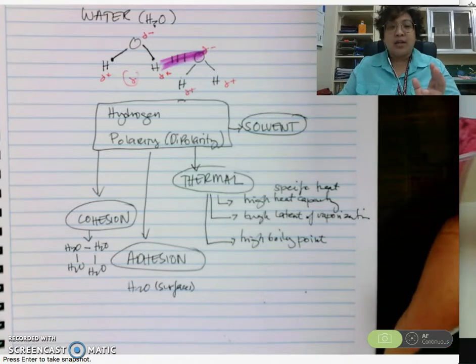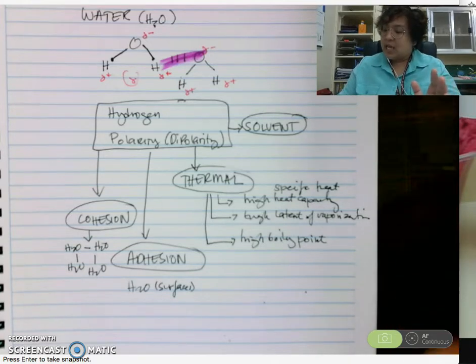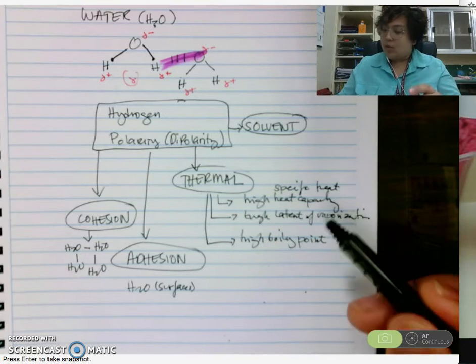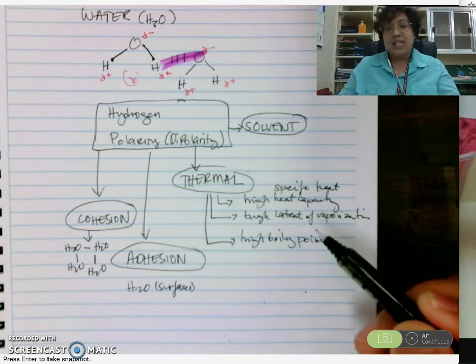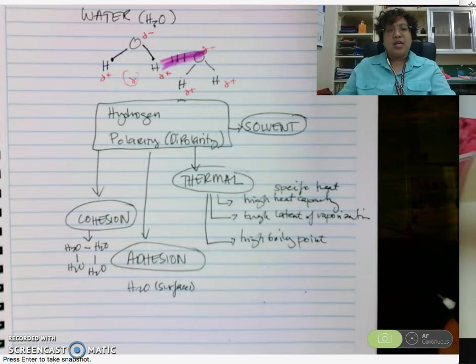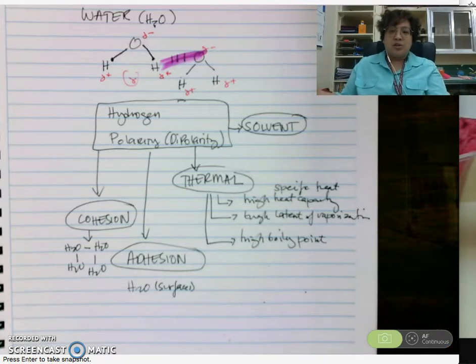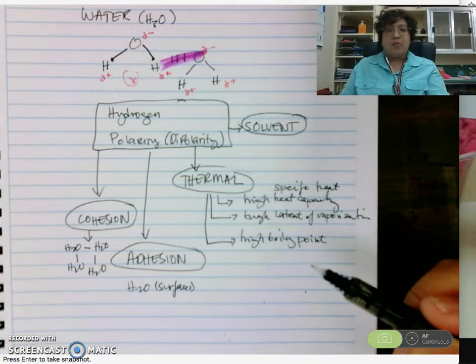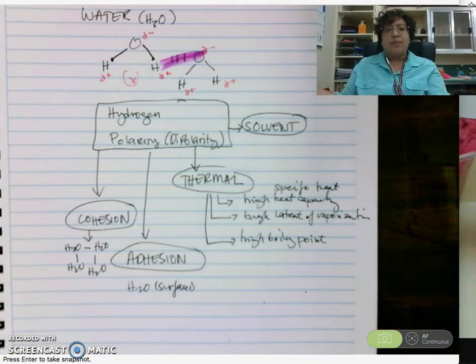Water can absorb large amounts of heat, and these are all correlated, by the way. Water has a high latent heat of vaporization. It needs large amounts of energy before it evaporates. And the third one is high boiling point. Again, water needs a large amount of energy before it can change from liquid into gas.